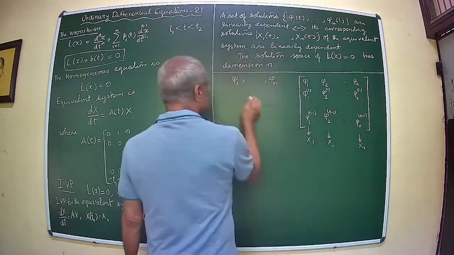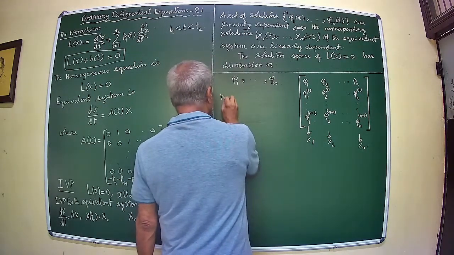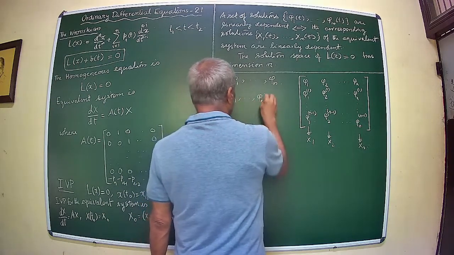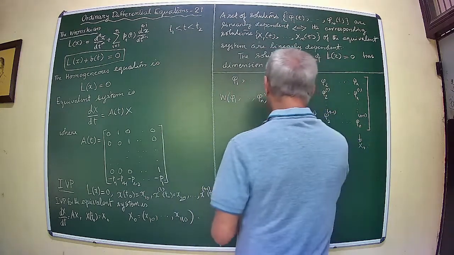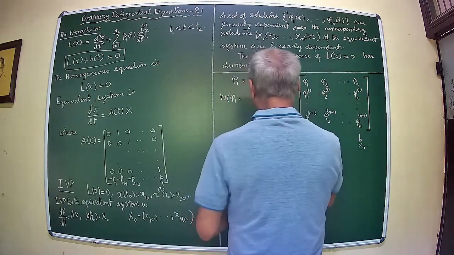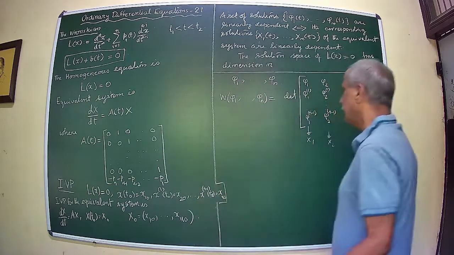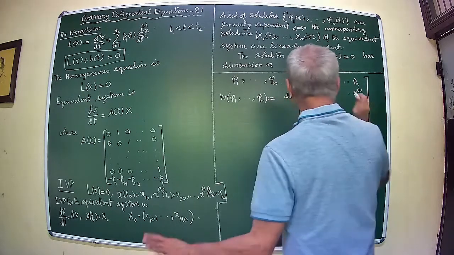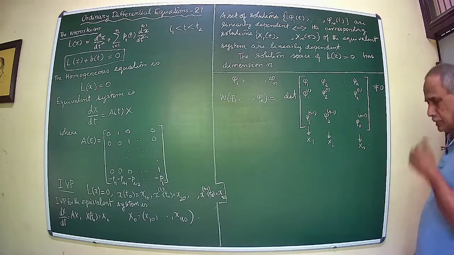You designate this by a function of t, and this you designate as the determinant of this matrix. That's the definition. So you want this to be not equal to 0. The determinant of this not being equal to 0 is the condition.